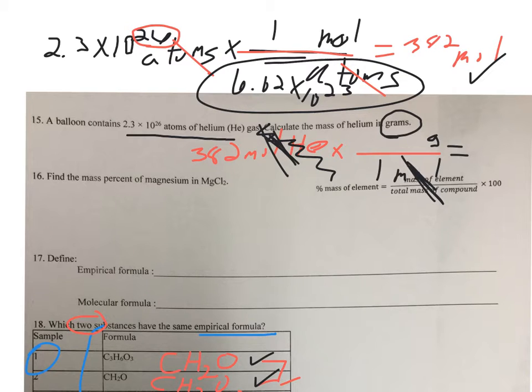So now what's my molar mass of He? Look at the periodic table. What's your mass? 4. Very good. So now you're going to multiply 382 times 4. This is going to give me my grams of He.